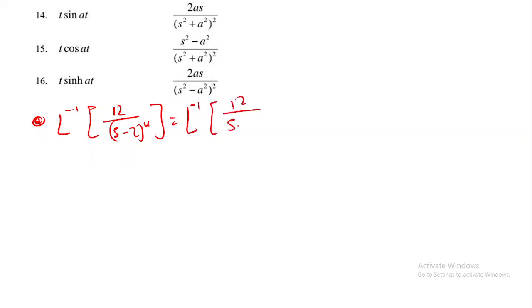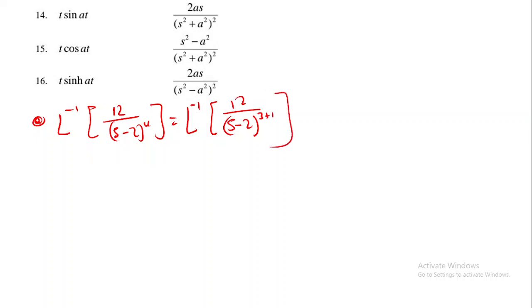So let's say, for example, you are required to determine the Laplace inverse of 12 all over s minus 2, raised to the exponent 4. Well, you can rewrite this as the inverse Laplace of 12 all over s minus 2, the exponent 3 plus 1, which is the same as having 4 again.